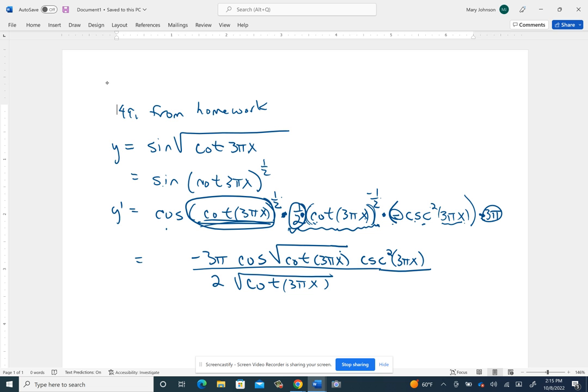I would probably take this and put it in front so I don't get confused about what's under the radical. Of 3 pi x, and then cosine square root cotangent 3 pi x.